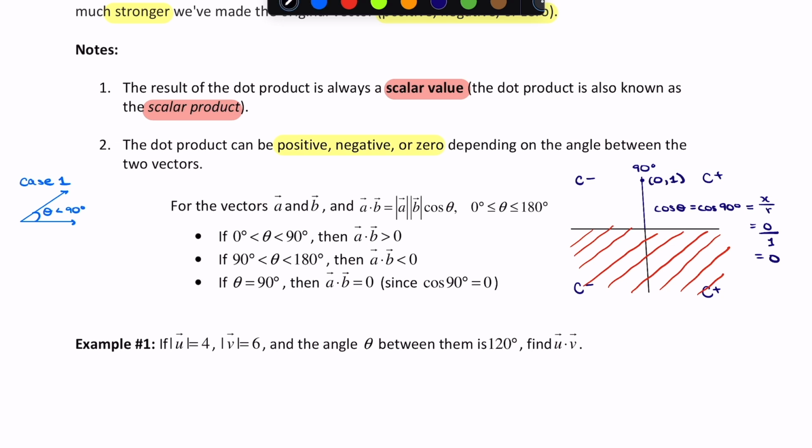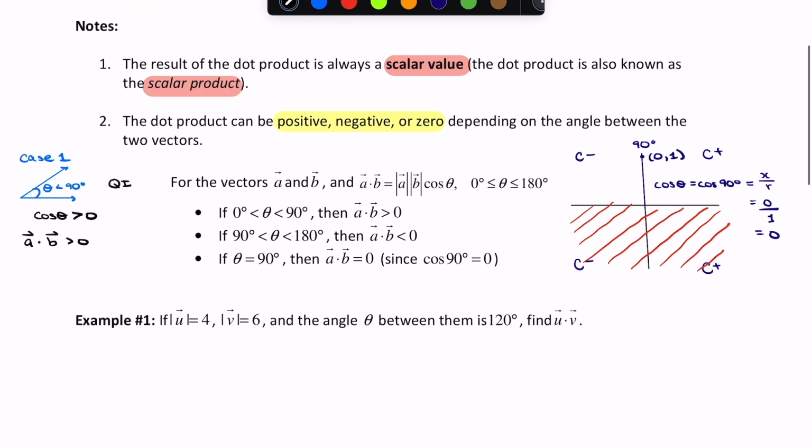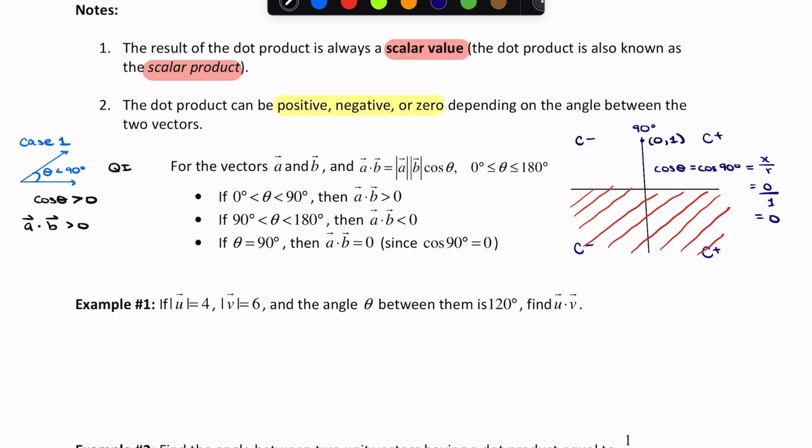That means it will lie in quadrant number 1, and so cos theta will therefore be greater than 0. This is positive. So vector A times vector B will be greater than 0. If we look at the magnitude of vector A times the magnitude of vector B cos theta, we know that all three values will be positive.